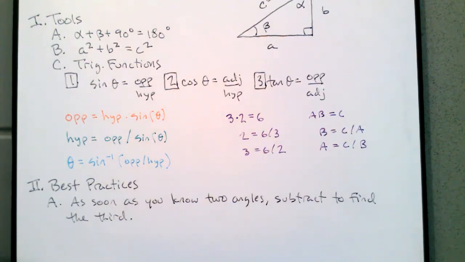Clear out the minions before you focus on the boss. And it's really easy to subtract to find the third angle. So as soon as you know two angles, subtract to find the third.